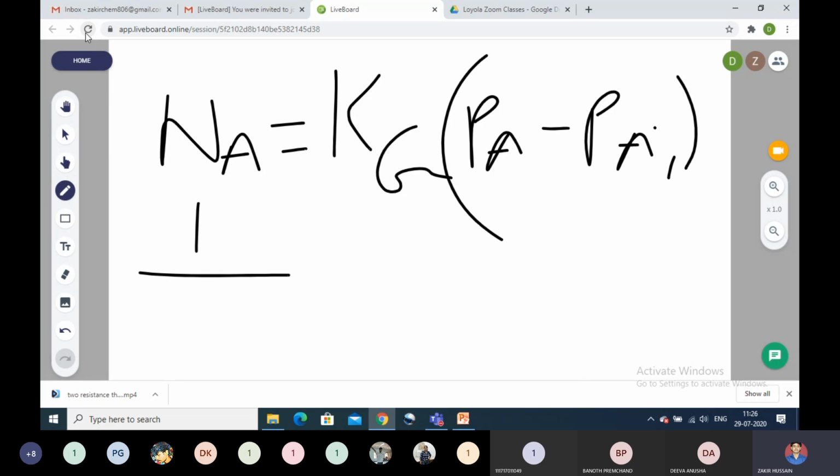So now 1 by kg we can write from this equation.